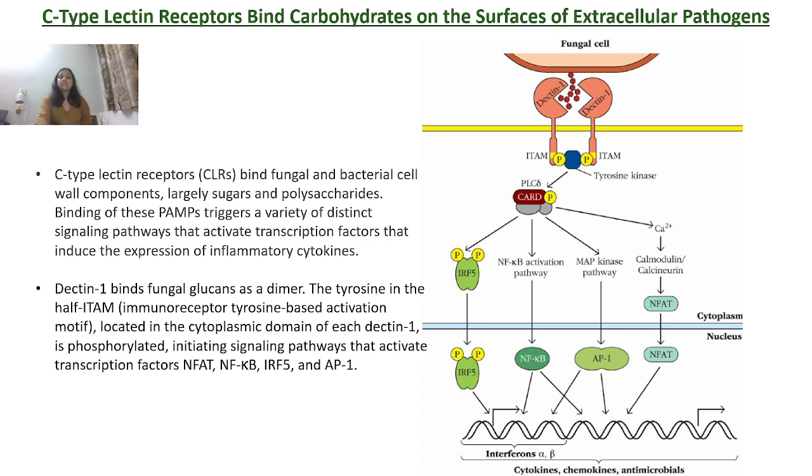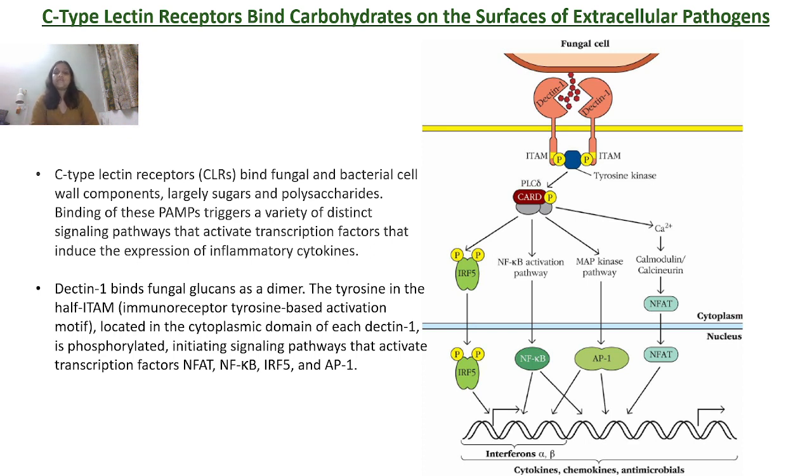and then it activates different signaling pathways: it can activate IRF5, the NF kappa B pathway, the MAP kinase pathway, and the calmodulin calcineurin pathway. So you can see how many pathways it is activating by just binding to a single fungal component.